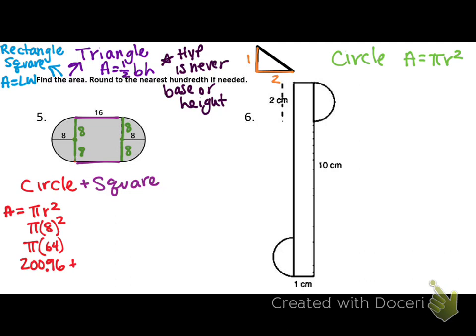So the area of a square, you can do length times width. You technically could do sides squared, it doesn't really matter, but that one is specific to a square. But the length is 16, and the width, 8 plus 8, is still 16, which I believe is 256. It is.